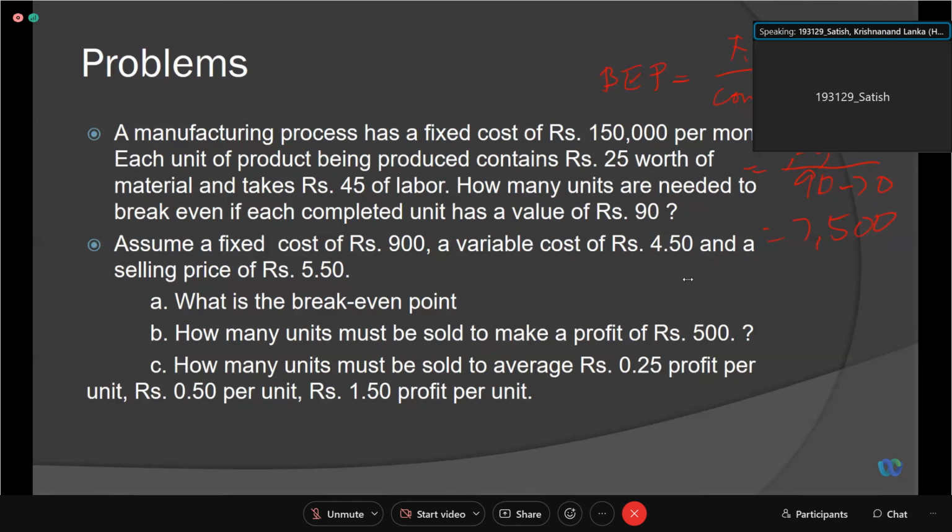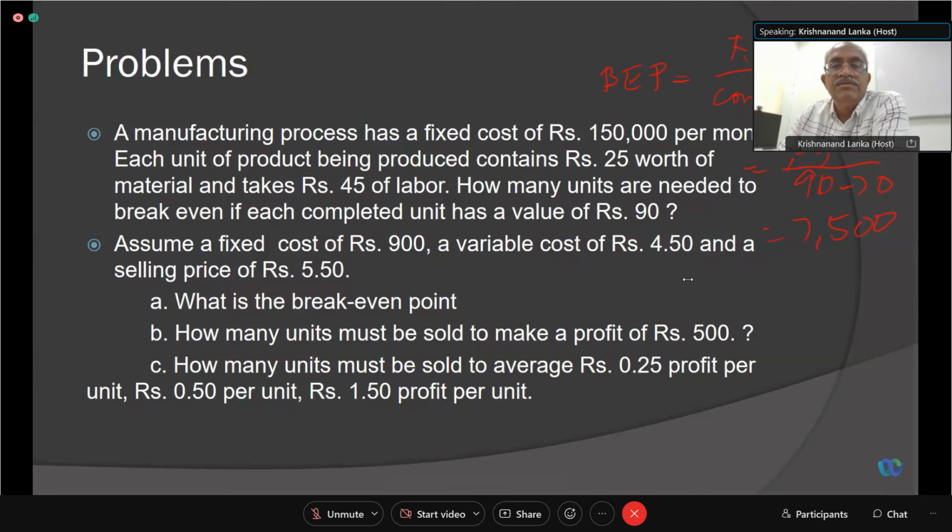That means unless he sells around 7,500 units, he cannot break even. Only beyond 7,500 will he start seeing profits.